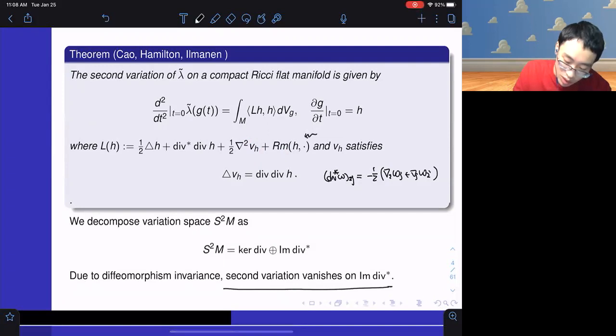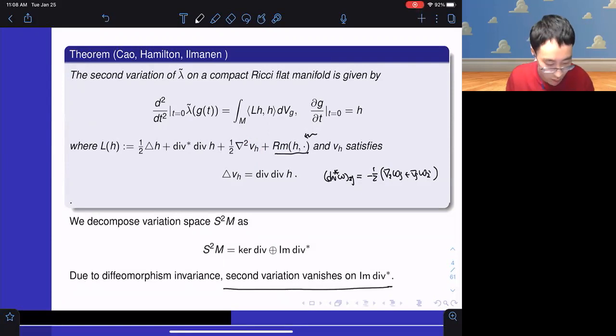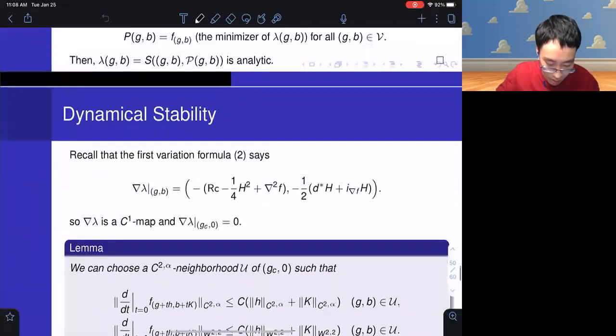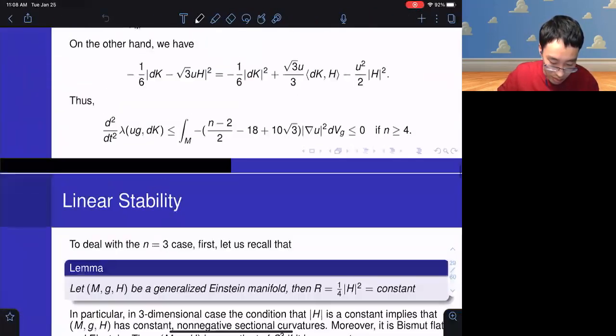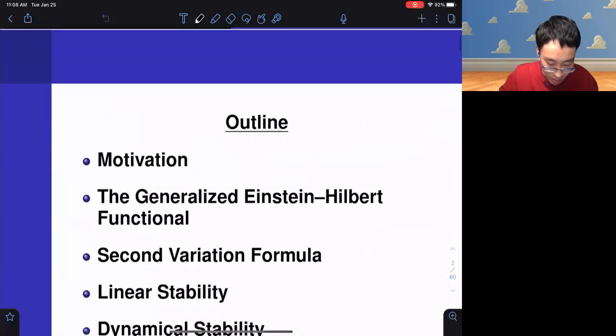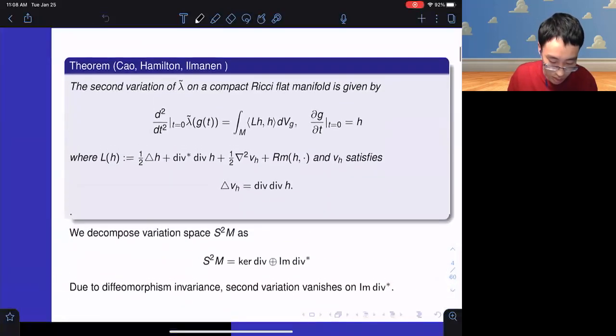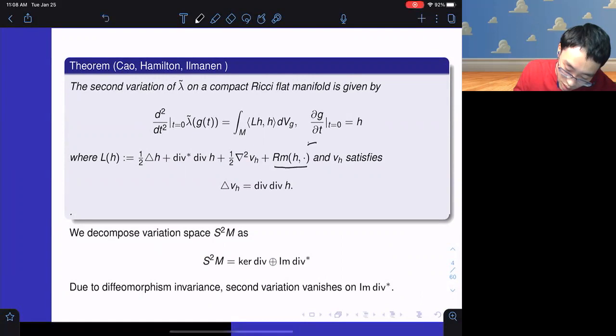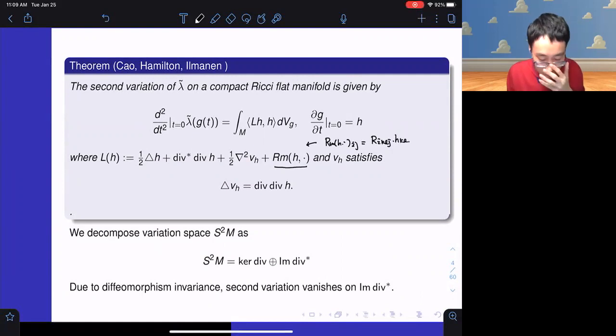More precisely, this quantity is defined like Riemann of h, ij equals R_ikl j times h_kl.